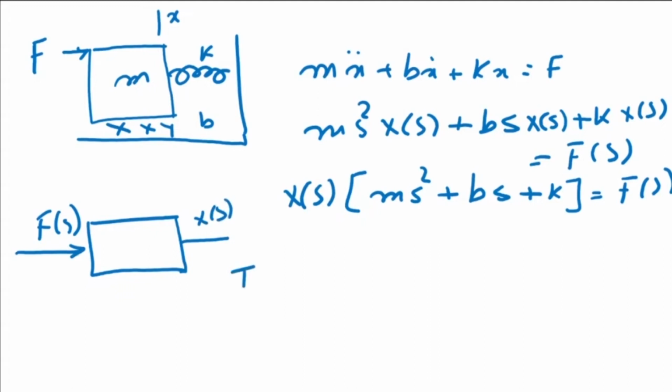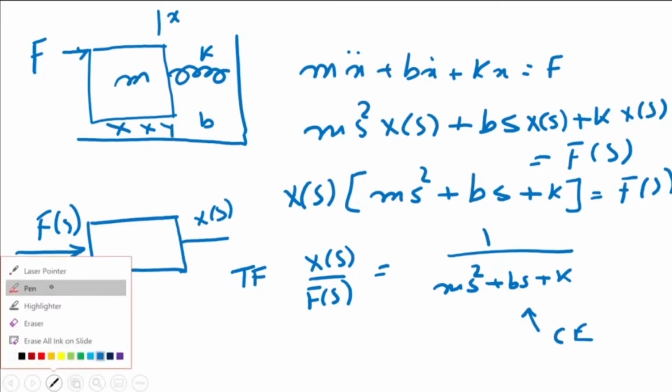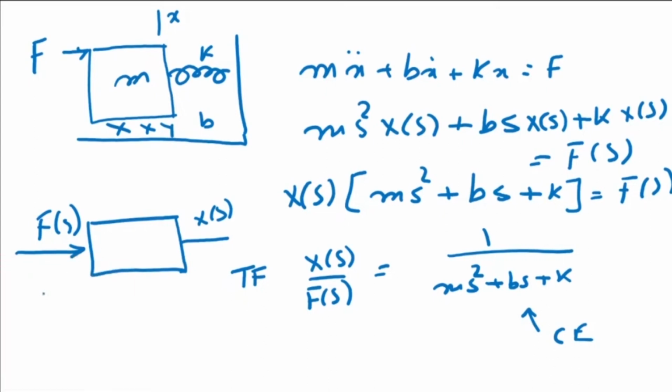Then the transfer function is given as the output X(s) by the input F(s), which turns out to be equal to 1 by m s squared plus b s plus k, and this is called my characteristic equation. So we understand what the characteristic equation is, and it will come inside here: m s squared plus b s plus k.